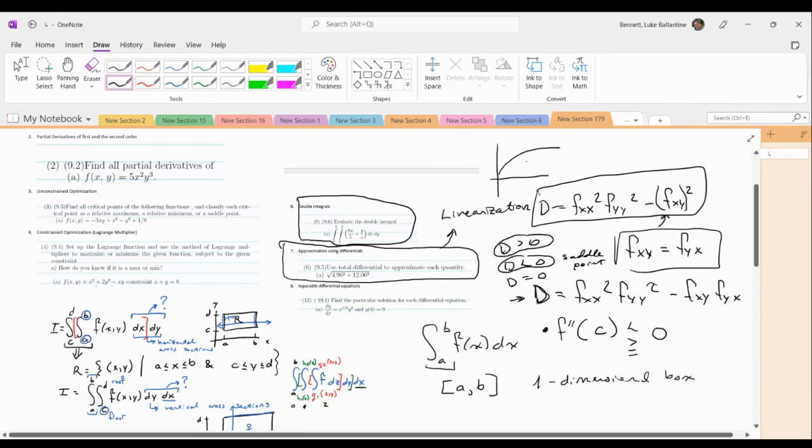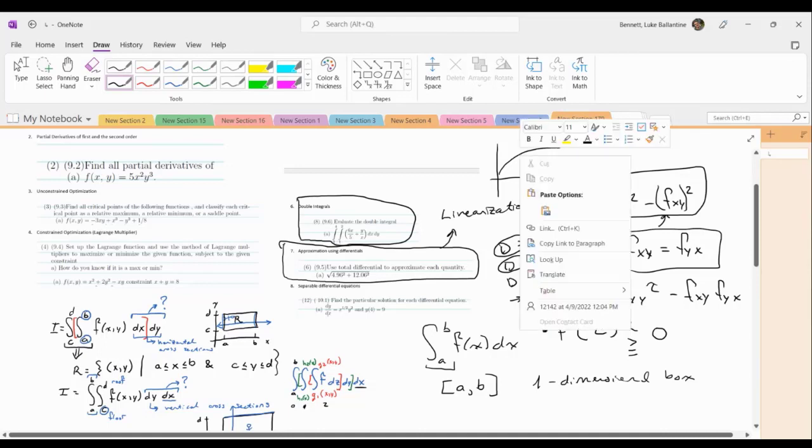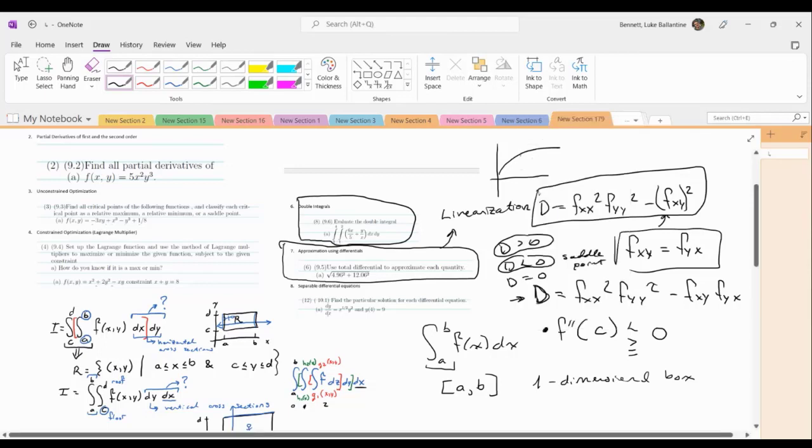Let's say we know this point. This is a nice number to compute. But we don't know the one near it. We don't know what the value of f is right here, but we know f at the black spot.